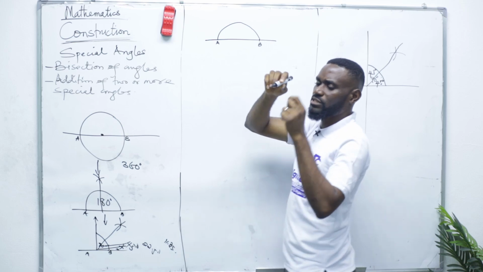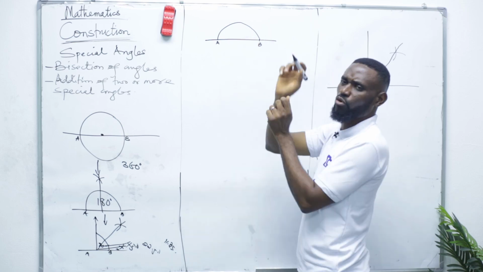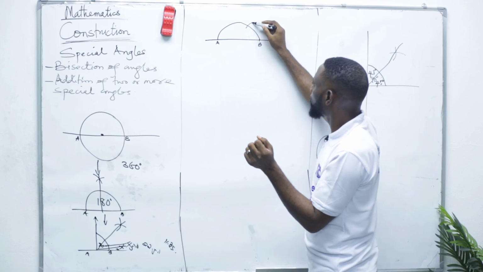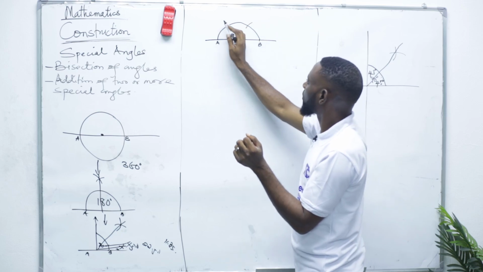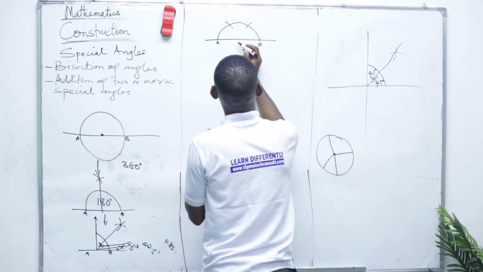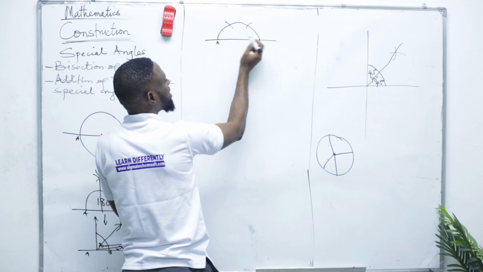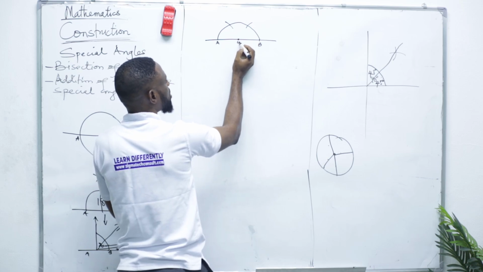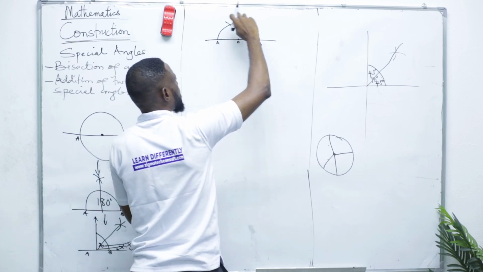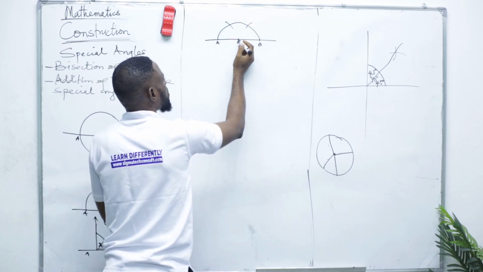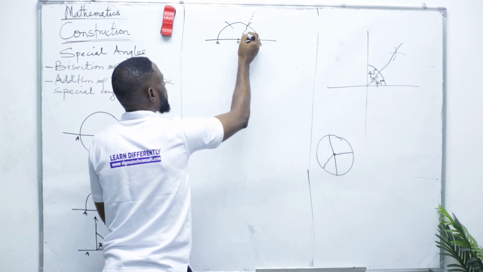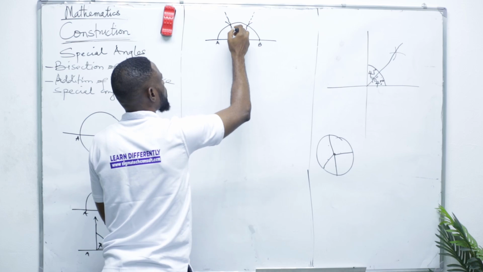Now, that radius that you use to make this arc, don't change it. Come here, put your compass here, you cut here. You can also put your compass here, you cut here. Now, remember, before you made this, there was a center point here called O, where your pin was before you did this. Then you draw a line here to meet this point. You draw a line here to meet this.